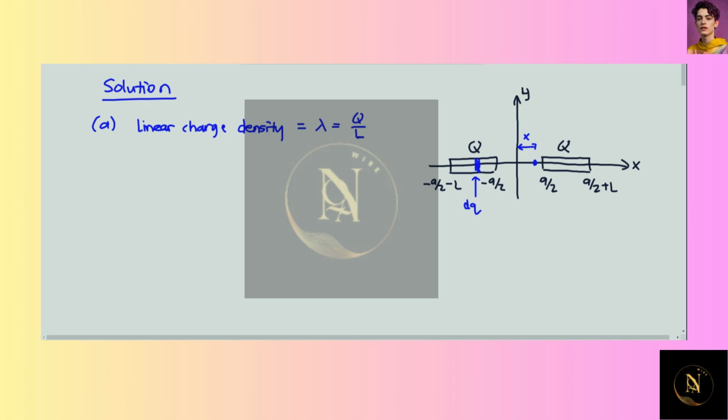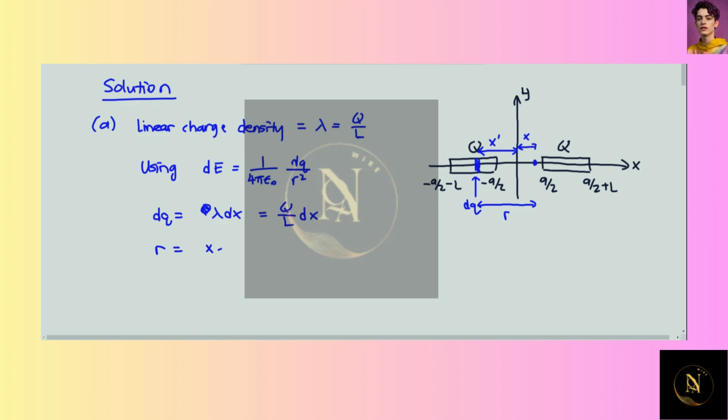Using dE equals 1 over 4 pi epsilon naught dq over r squared, our r is measured from dq to the point x. I'm going to call this x prime. Our dq is lambda dx prime, which is Q over L dx prime.